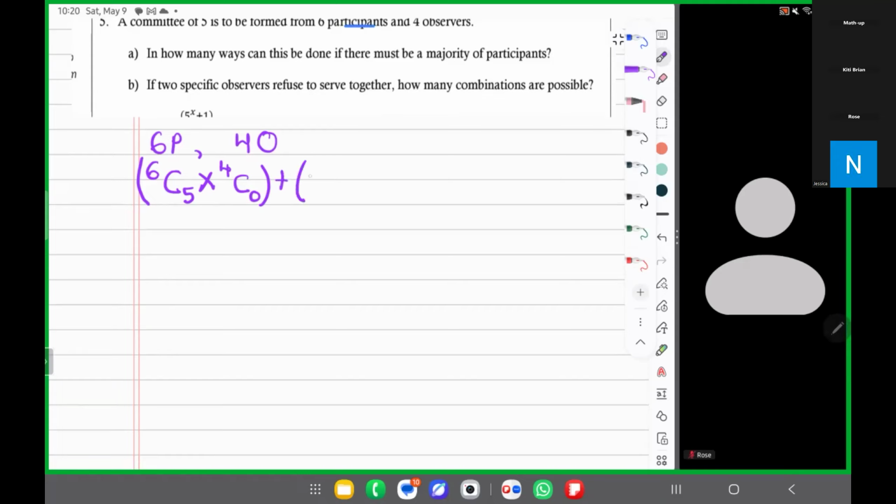Or out of the 6 participants, I can choose 4 people, and then out of the 4 observers, I can choose 1 person. The committee still has 5 people. Then out of the 6 participants, I can choose 3 people, and then out of the 4 observers, I can choose 2 people.